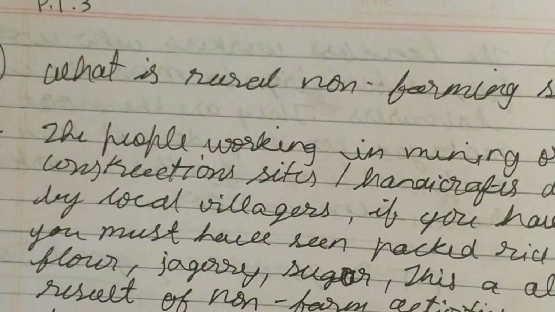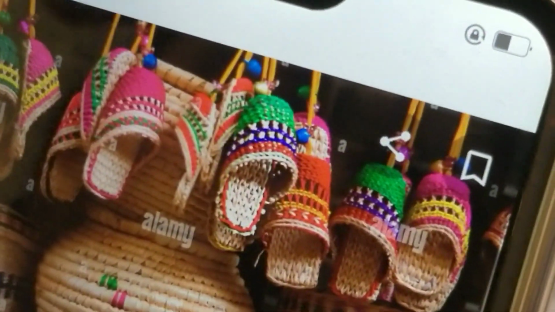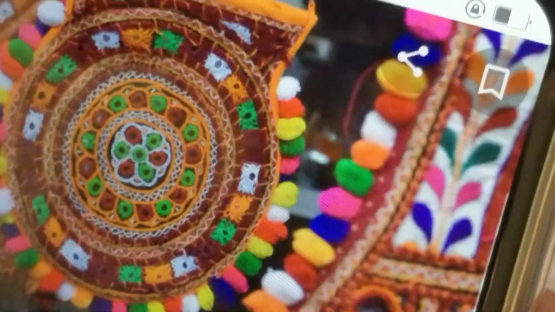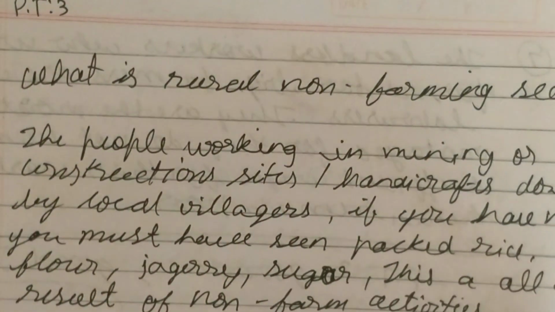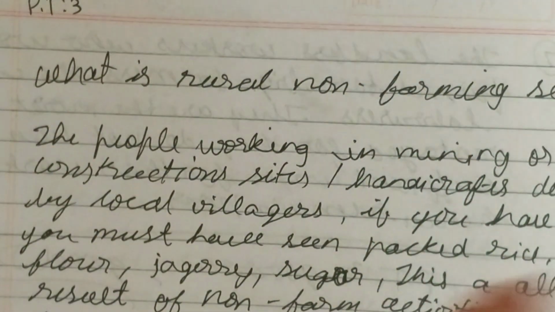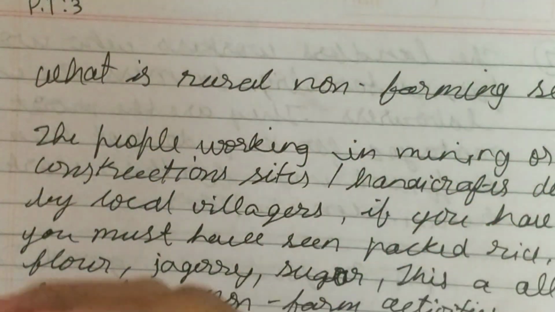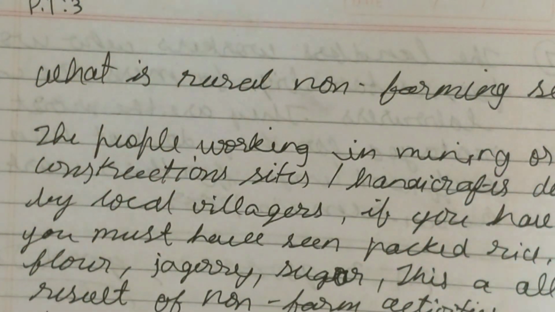These are all made by hand by small-scale farmers or small-scale people who are pretty much poor. They make these small things. These are all handicrafts. Things like mining and construction, which are not farming, are called the non-farming sector.